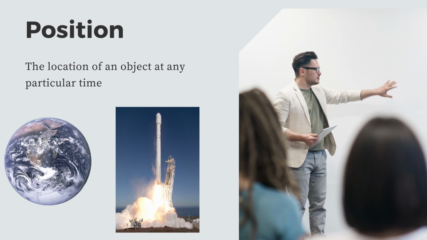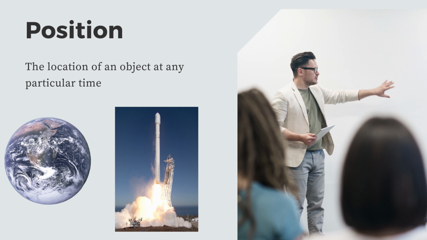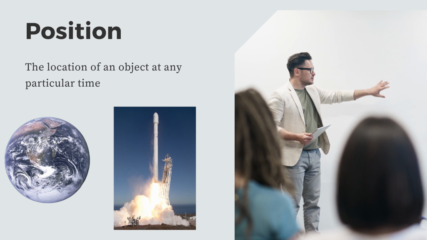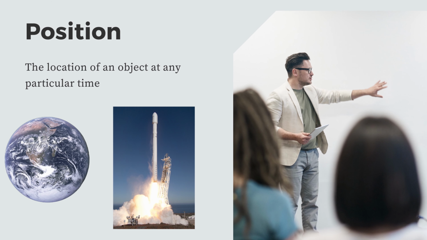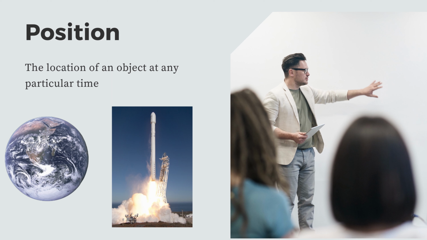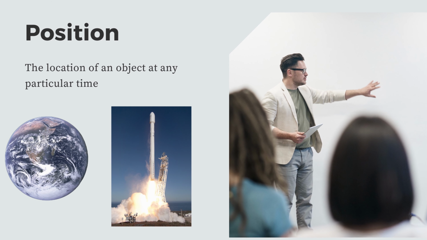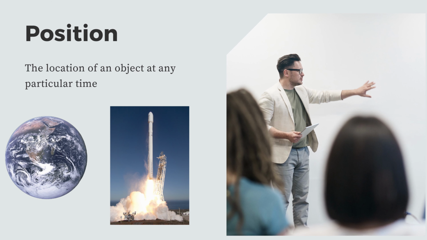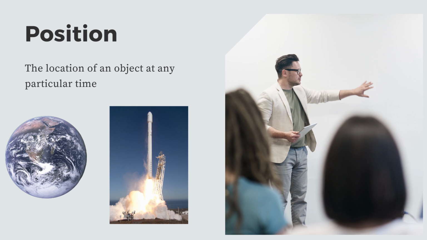The location of an object at any particular time is its position. More precisely, you need to specify its position relative to a convenient reference frame. Earth is often used as a reference frame, and we often describe the position of an object as it relates to stationary objects in that reference frame.